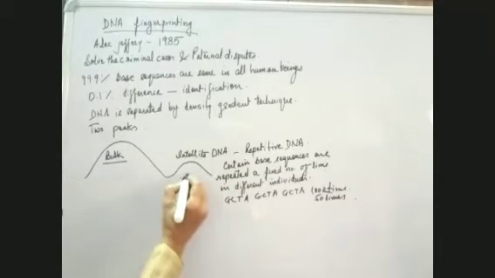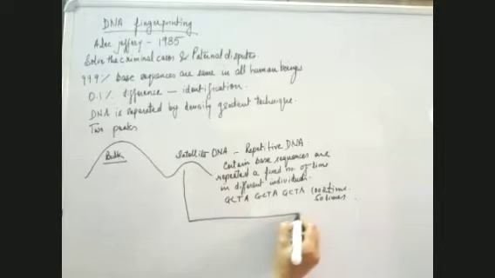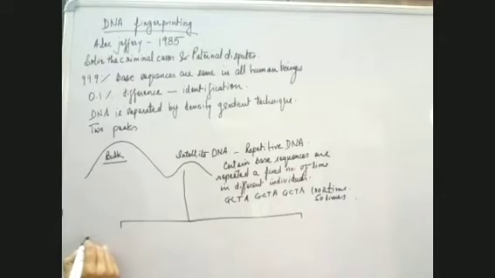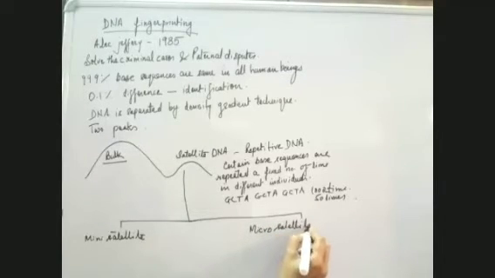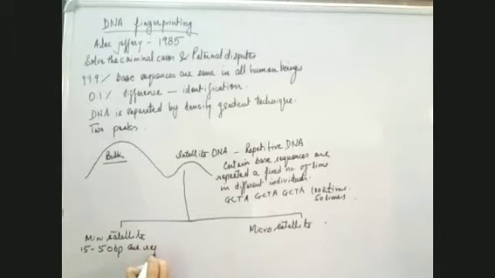Now this satellite DNA is of two types. The first is the mini satellite, and the second one is the microsatellite. In a mini satellite, 15 to 50 base pairs are repeated 1000 times.